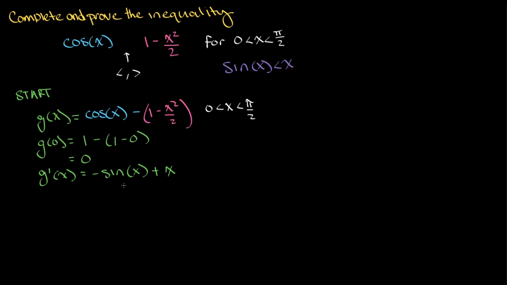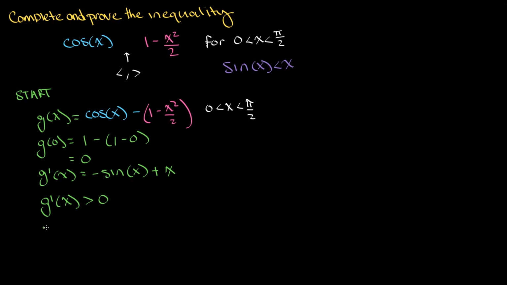If that's the case, then because sine of x is less than x, our derivative is actually going to be positive. So if our derivative is positive, again, as a consequence of the mean value theorem, that means that our function is increasing on this interval here.